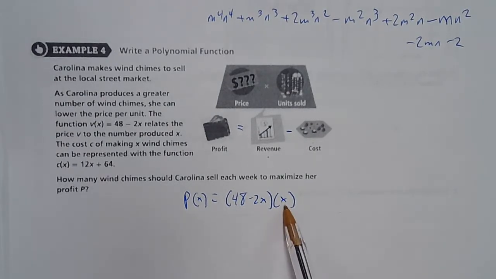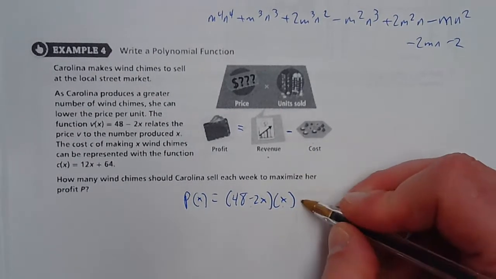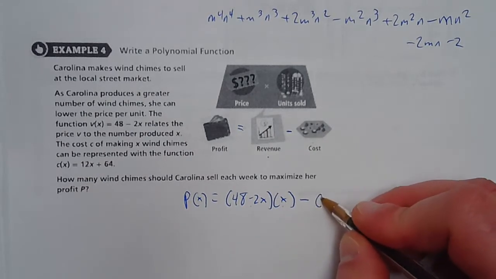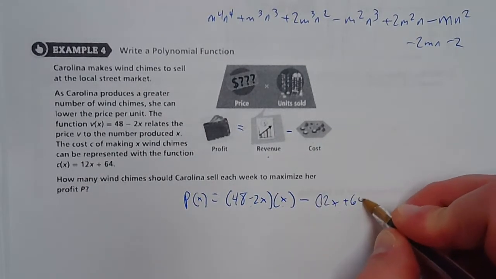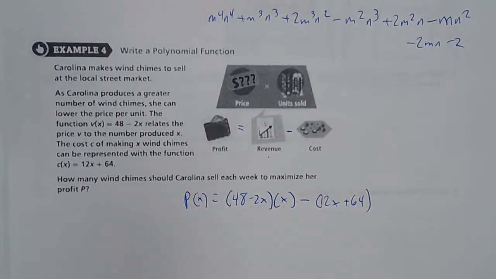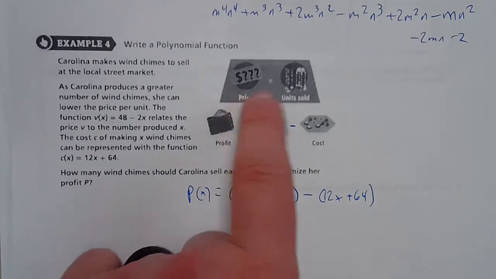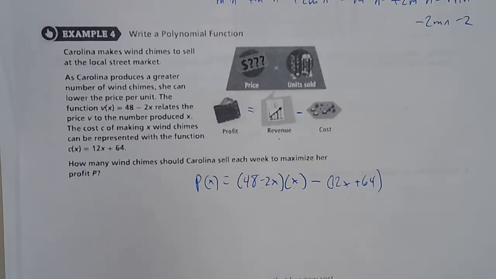This represents the revenue, the price of a unit times however many units you sell. And then from that, we're going to subtract the cost, and the cost is this expression, 12x plus 64. So we created an expression just based on the formulas given to us, and we write it out.